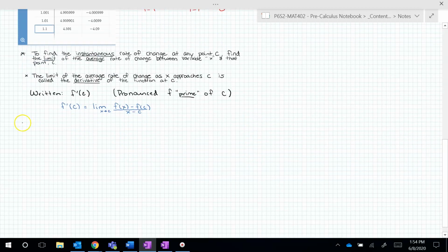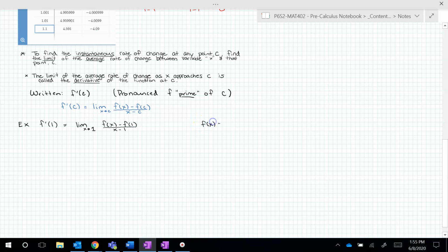Well, what we want to do is write out that limit. f prime of 1 is equal to the limit, as I bring my x values closer and closer to 1, of the change in y, f of x minus f of 1, divided by the change in x, x minus 1.